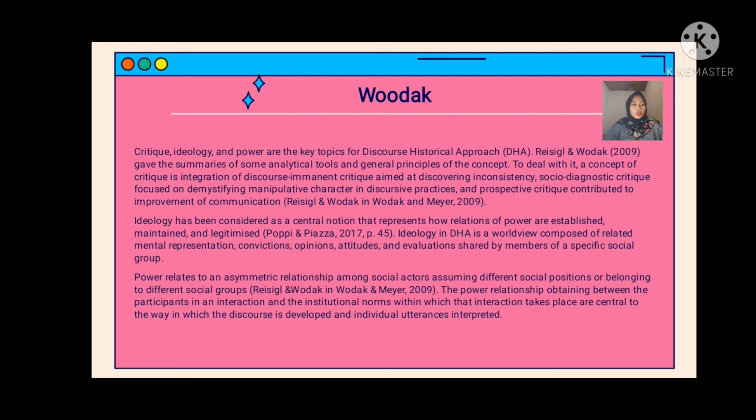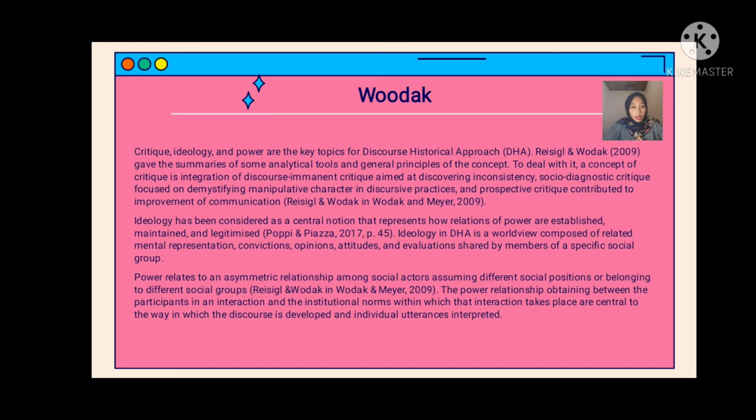Power relates to an asymmetric relationship among social actors, assuming different social positions or belonging to different social groups. The power relationship obtained between the participants in an interaction and the institutional norms within which that interaction takes place are central to the way in which the discourse is developed and individual utterances interpreted.